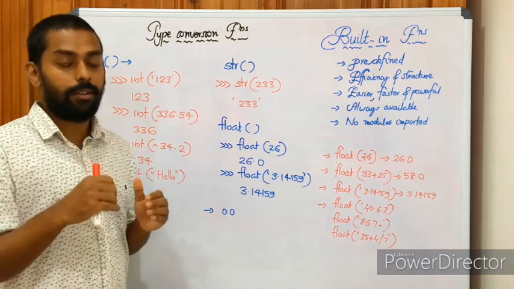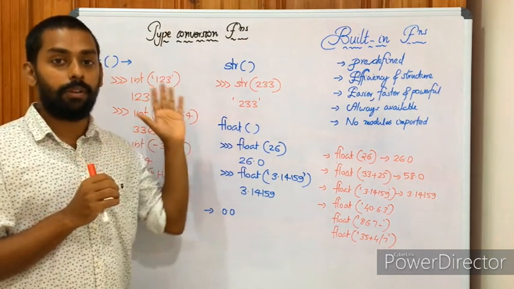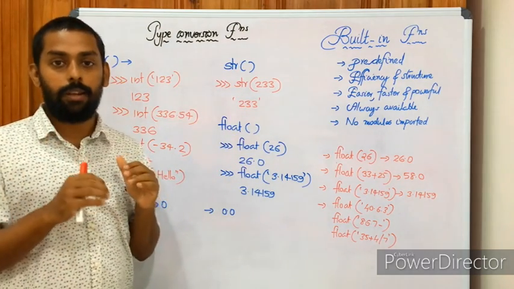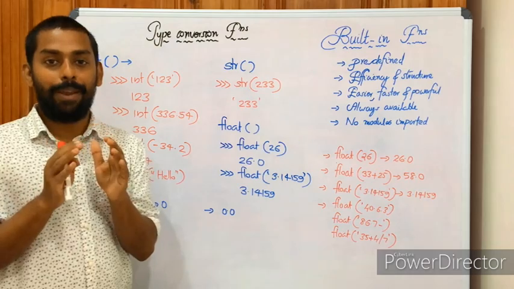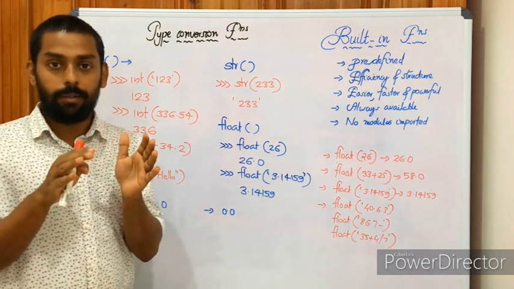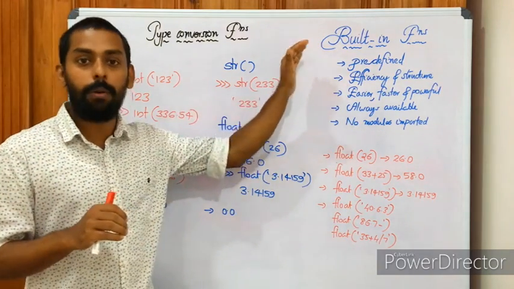In this class we are looking at some of the built-in functions like type conversion functions like int, float, str, and some other functions like input, eval, min, max, len, type, round, range. So this is about built-in functions.